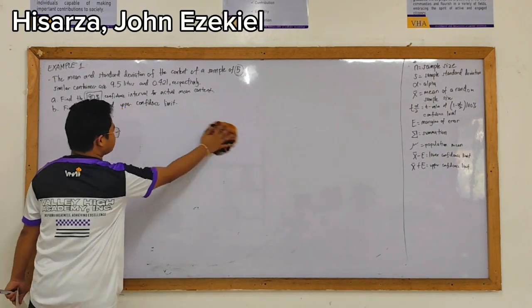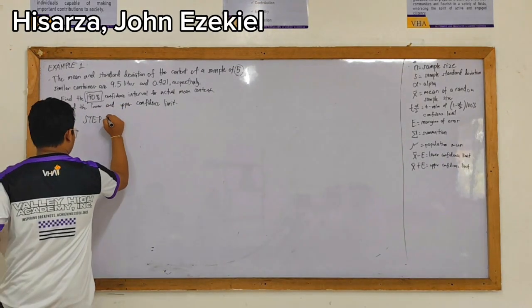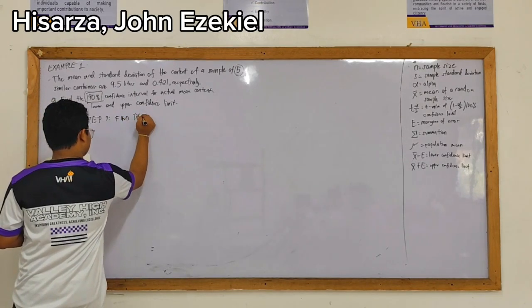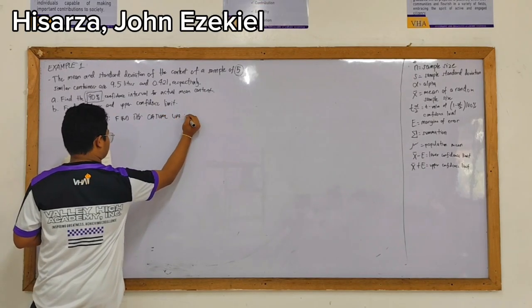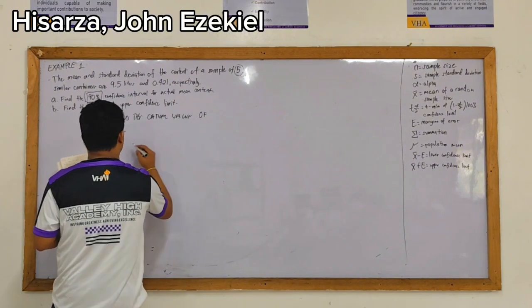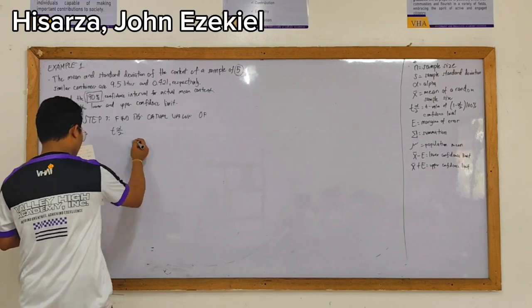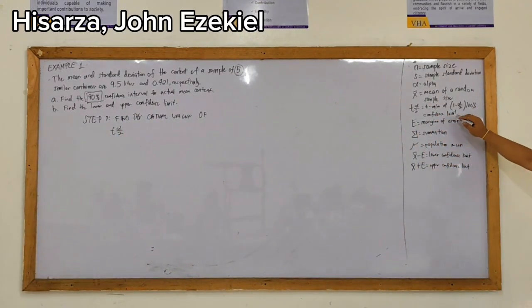For step number 3, we're going to find the t value of 1 minus alpha over 2 times the 100% confidence level.